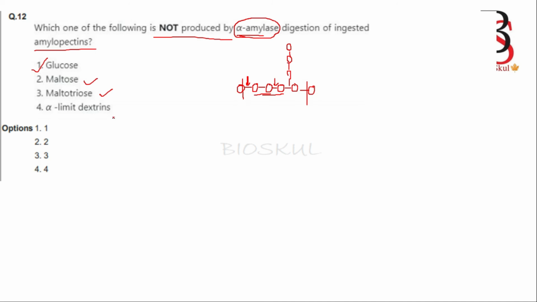And alpha limit dextrin is an oligosaccharide linked by alpha 1,4 and alpha 1,6 linkages. These three will be produced by the digestion of ingested amylopectin by alpha amylase. So which one will not be produced? That is the glucose. The correct answer is option 1.